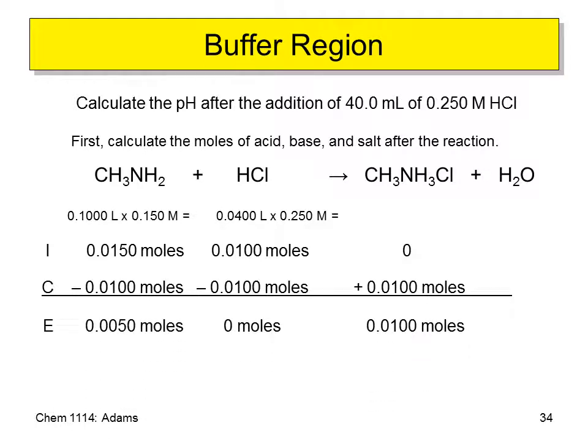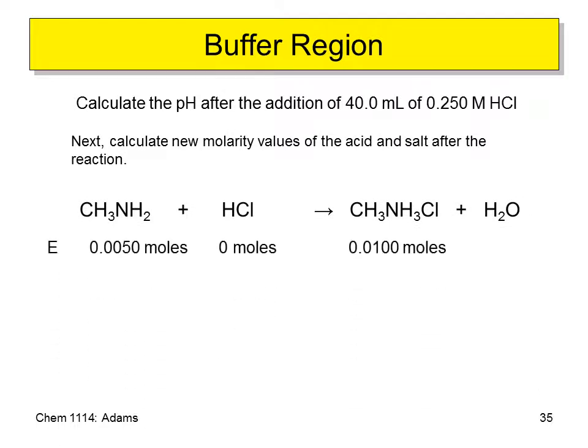Adding the two together, we'll get the equilibrium moles. Again, in the buffer, you can recognize the only thing present is the weak base and its salt. We've done step 1 of the procedure.